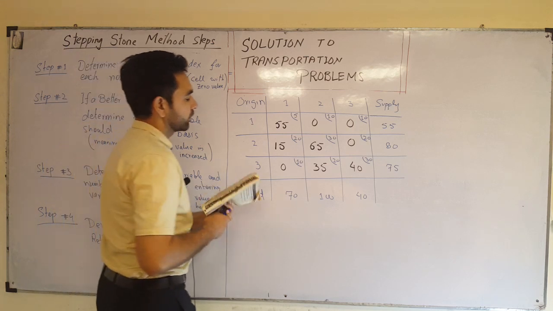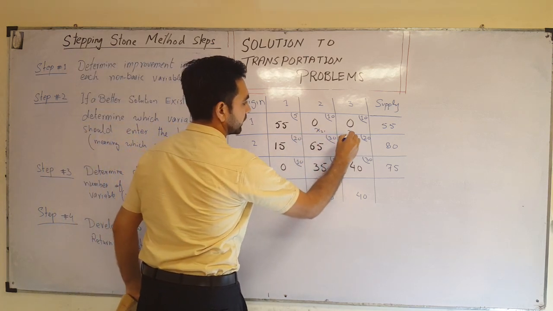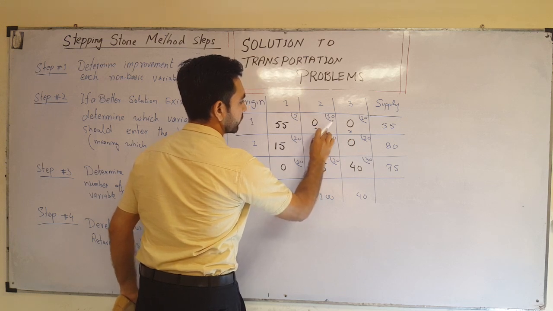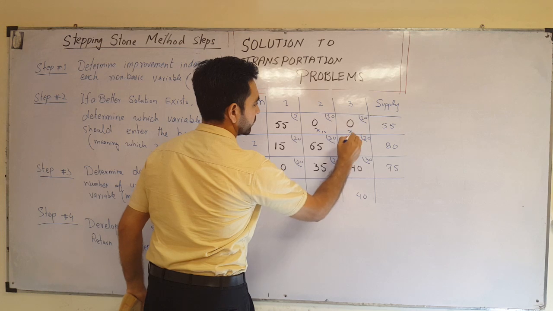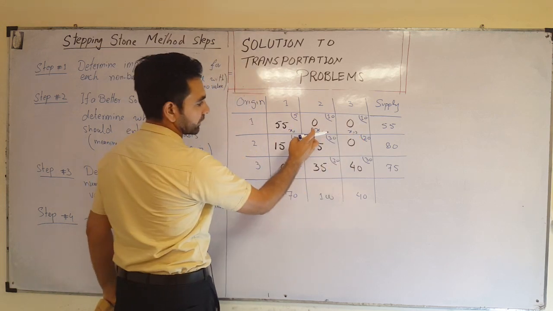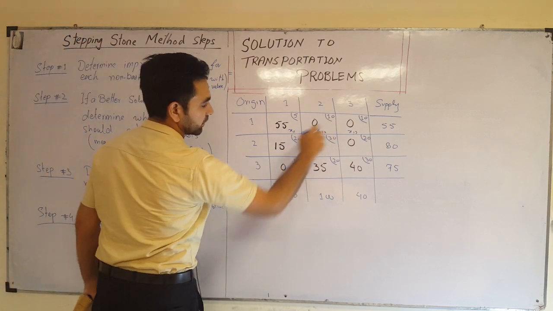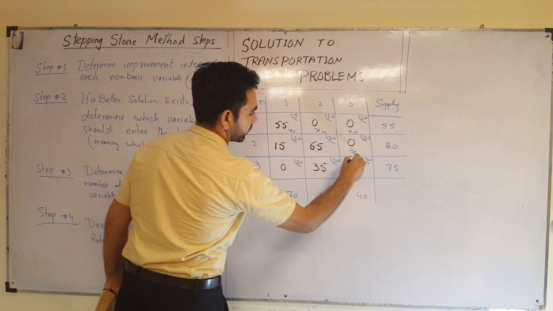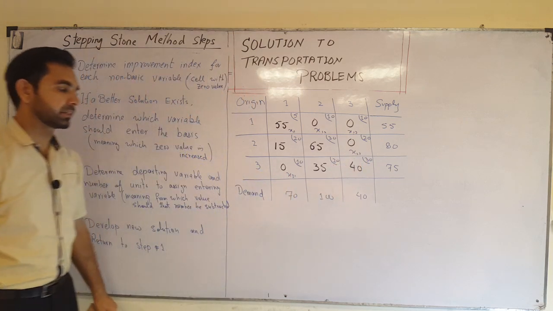So here the variables were x21 and x12, x13, this was x11. So this x12 is a non-basic variable, this one is a non-basic variable, this one is a non-basic variable, and this one is a non-basic variable.